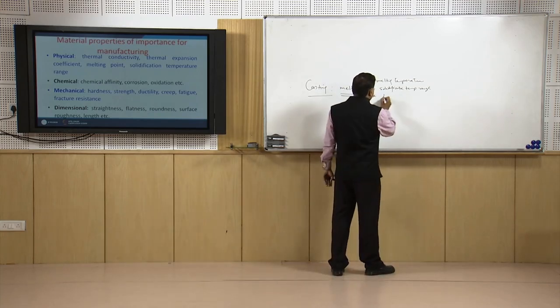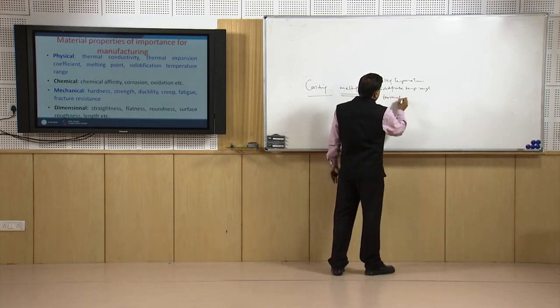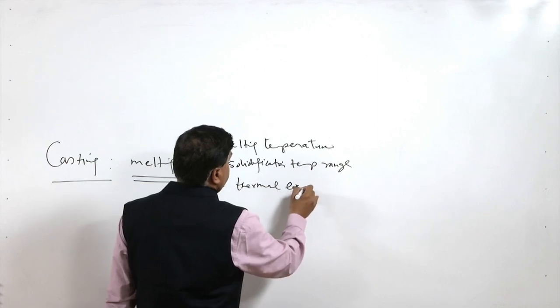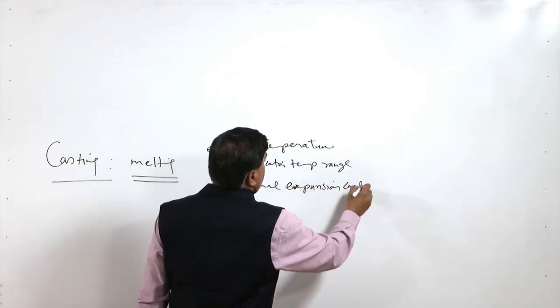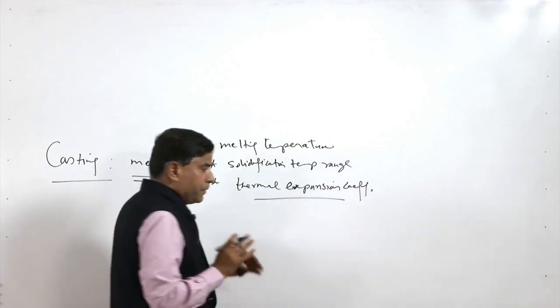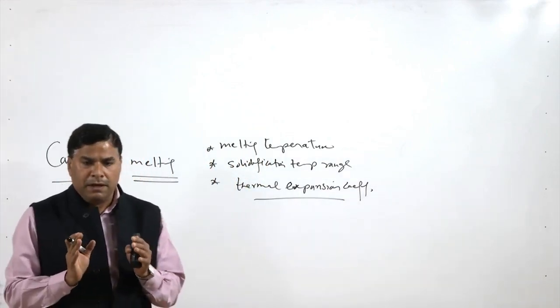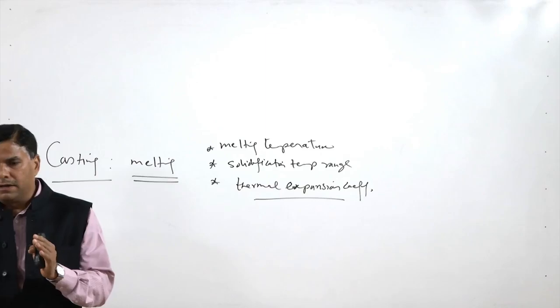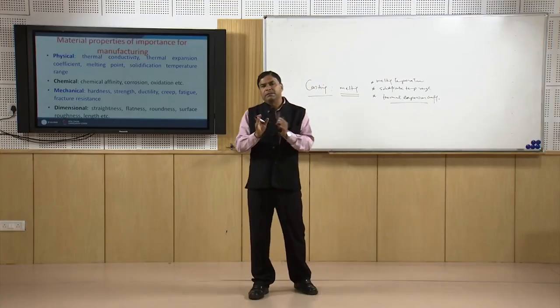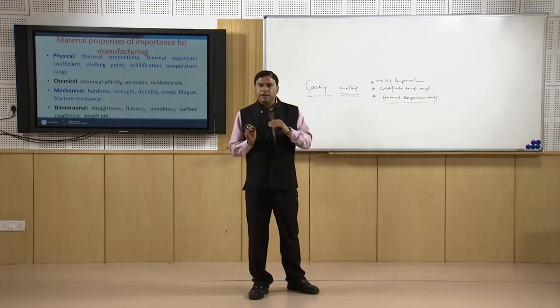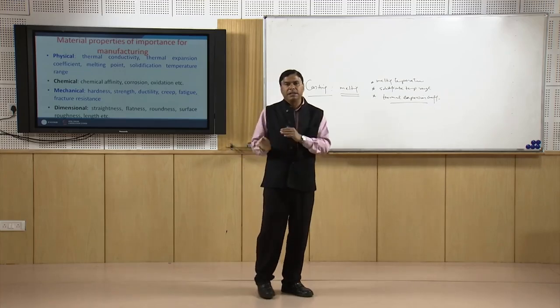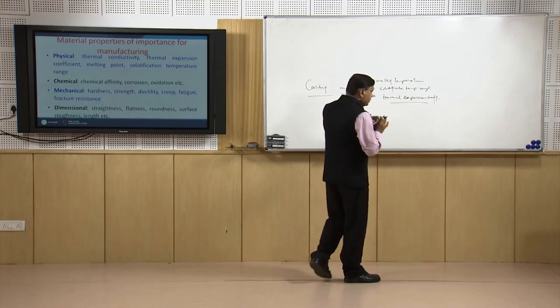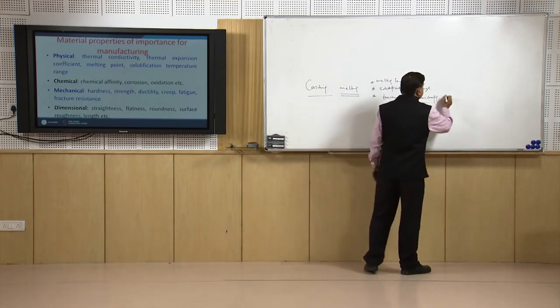Next is the thermal expansion coefficient. Thermal expansion coefficient is important in casting also because after the solidification, the casting will be cooling down to room temperature. So, if the expansion coefficient is too high, then excessive shrinkage will lead to problems related with dimensional control.